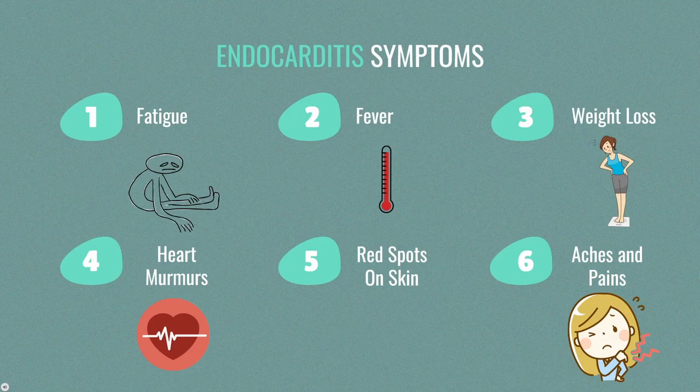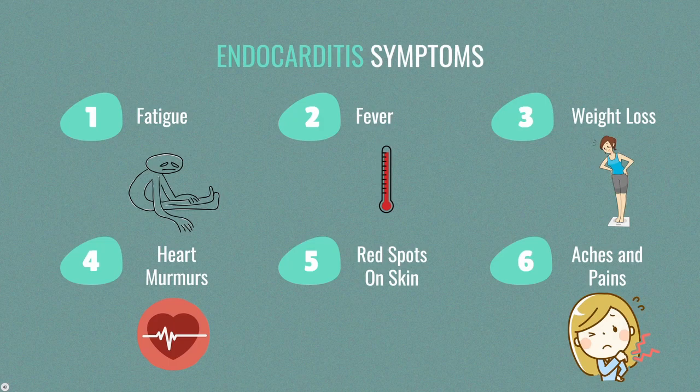The fever is due to our body trying to fight off the disease. Fatigue, weight loss, and spots on the skin known as petechiae are common symptoms due to the low oxygen throughout our body. The list of symptoms increases or changes slightly depending on the severity of one's endocarditis.